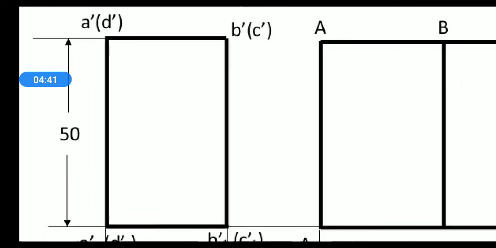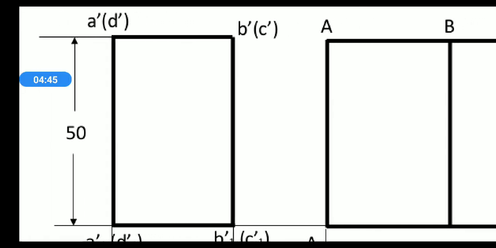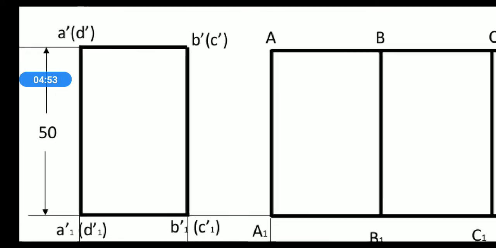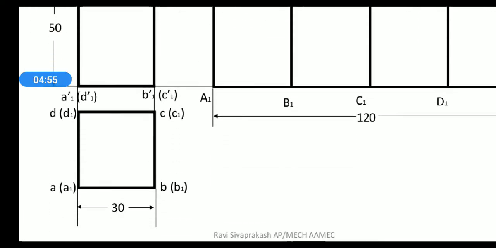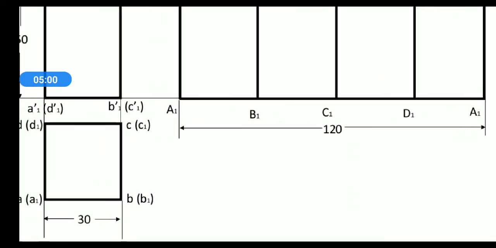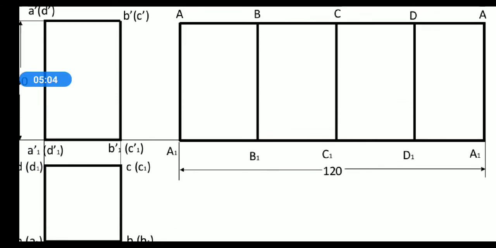Now project it upwards. As the axis is given as 50 mm, we have to extend the square prism by 50 mm. Now project that towards the right side. How much do we have to project? As the square prism side is 30 mm and there are four sides, 4 into 30 is 120 mm.